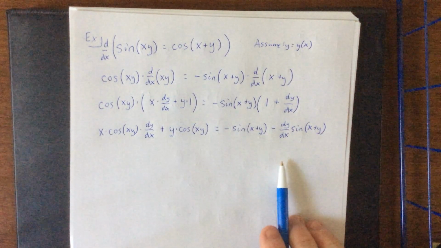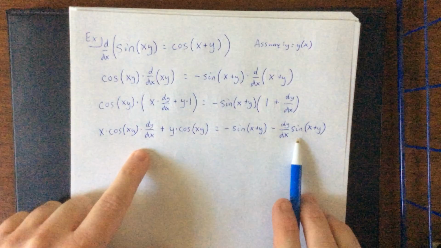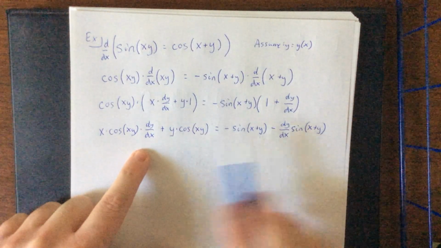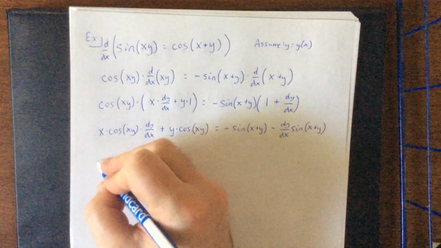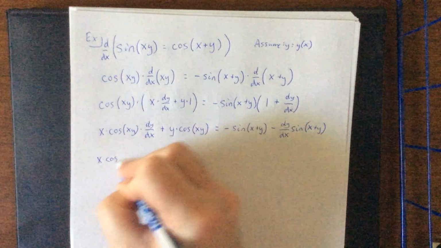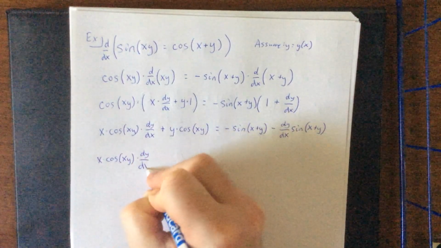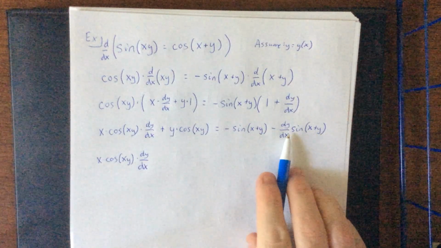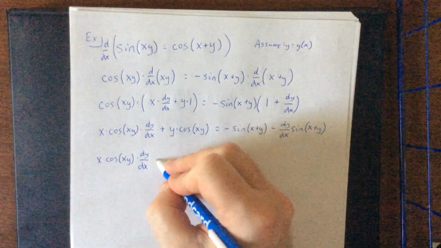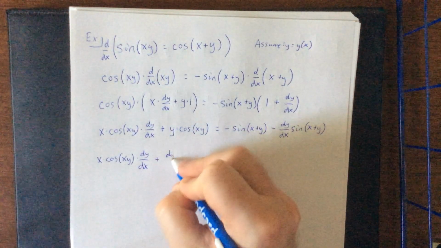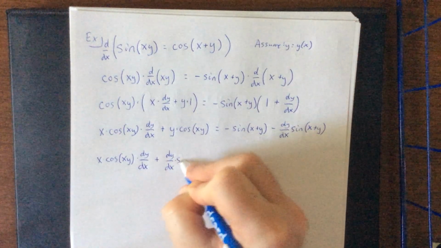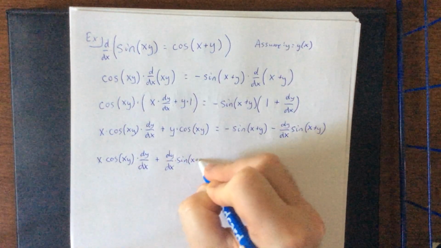As we did for the previous problem, I would like to gather all of the dy over dx terms on the same side. I'm going to gather them on the left-hand side. So the x times cosine of xy times dy over dx will stay on the left-hand side, and we'll get this term over there by adding it to both sides. So this will be plus dy over dx times the sine of x plus y.